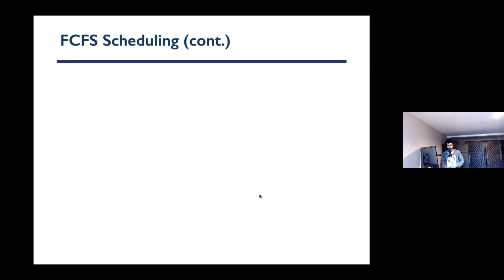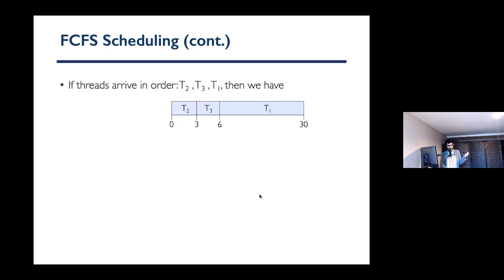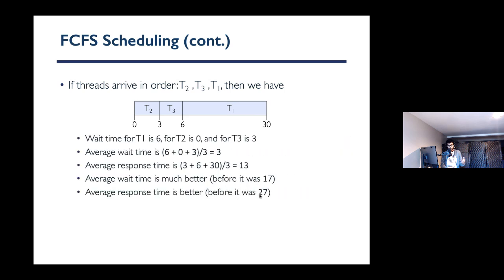Now, if you change the order, get T2, T3, and then T1, then things change. And as you might expect, average response time decreases. So this is very similar to the example I had showed you.